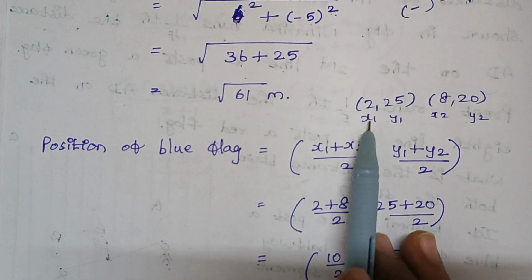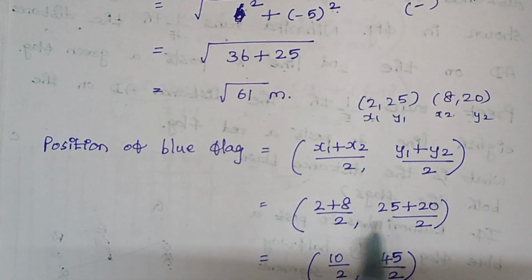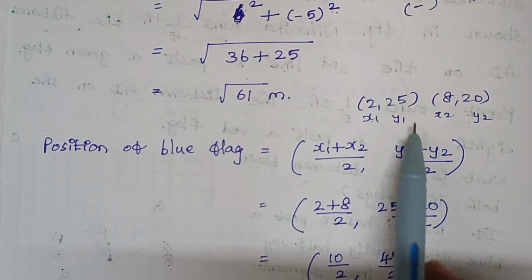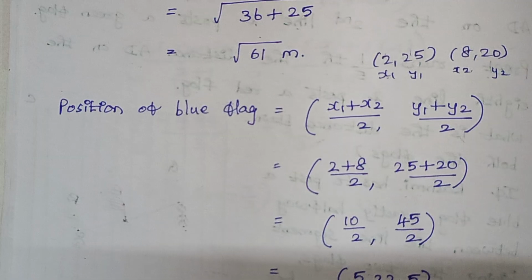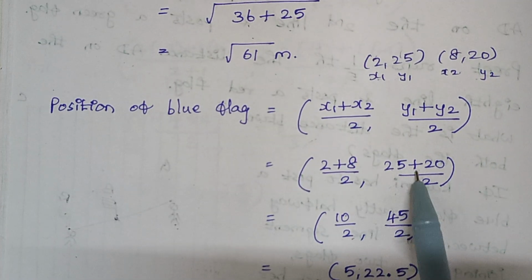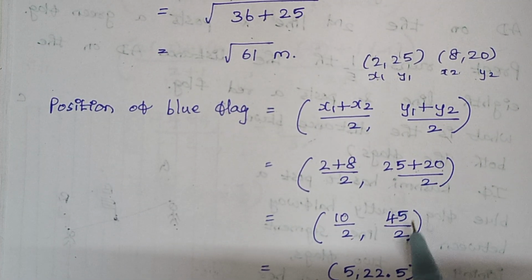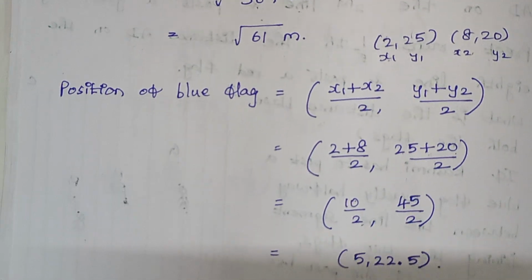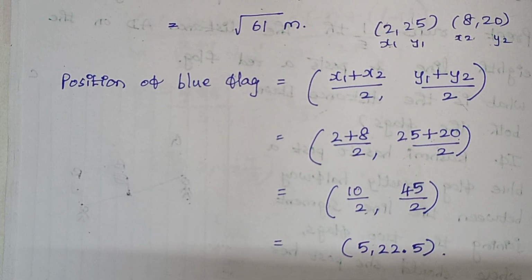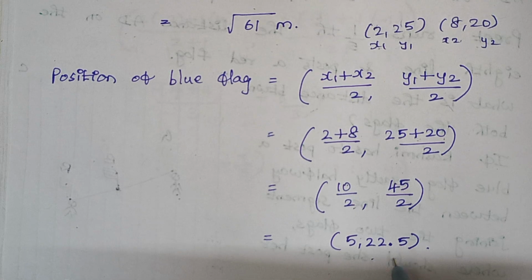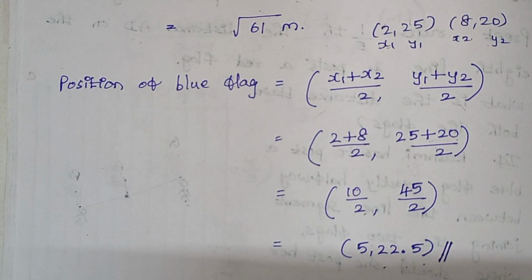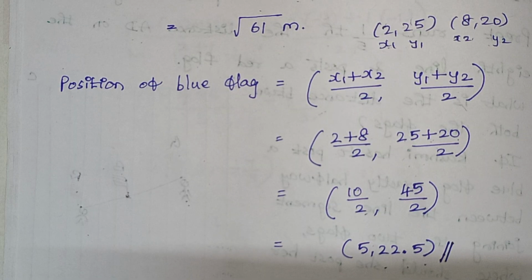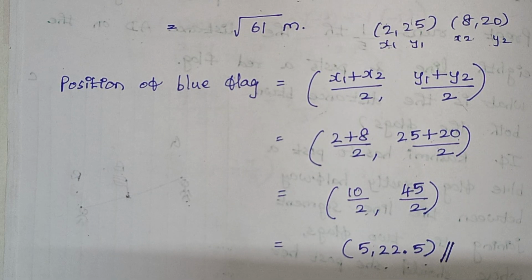So now x1 plus x2, so (2 plus 8) by 2, and here y1 plus y2, (25 plus 20) by 2. So 2 plus 8 is 10, so 10 by 2, and here 25 plus 20 is 45, right? 45 by 2. So as we all know, 10 by 2 is 5 and 45 by 2 is 22.5. So here this is the location of our blue flag, which is located at the midpoint of the other two flags, that is between the green and red flag, right?